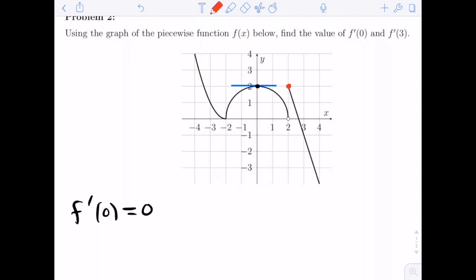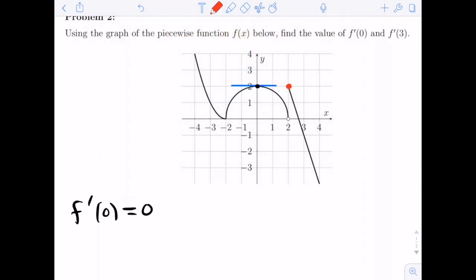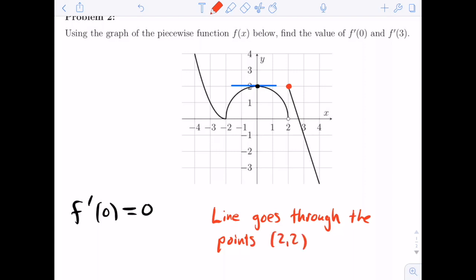There's a point here at 2, 2, so the line goes through the points 2, 2, and then there's another one here where it goes through 3, negative 1.